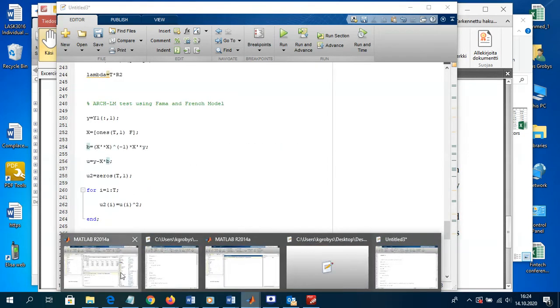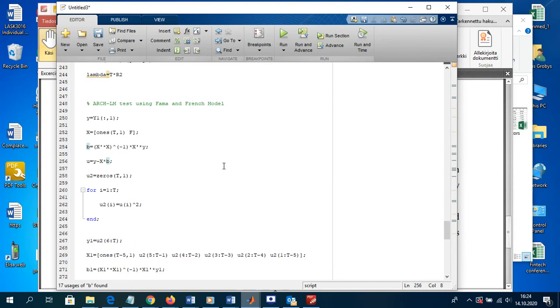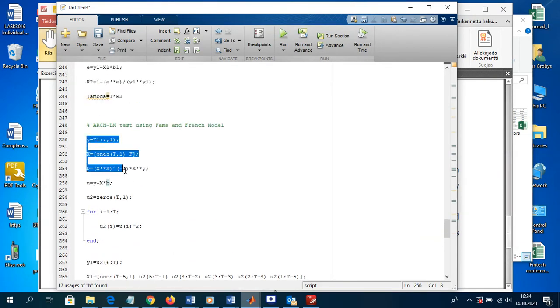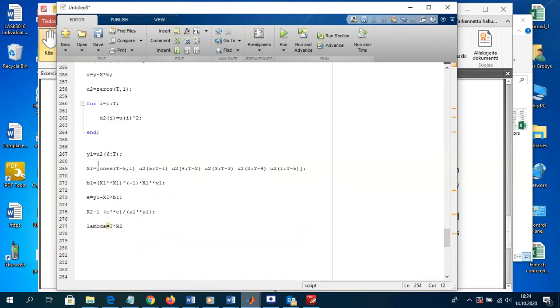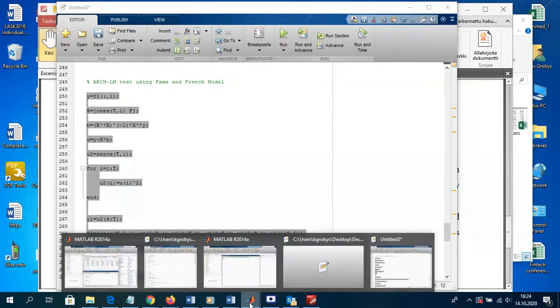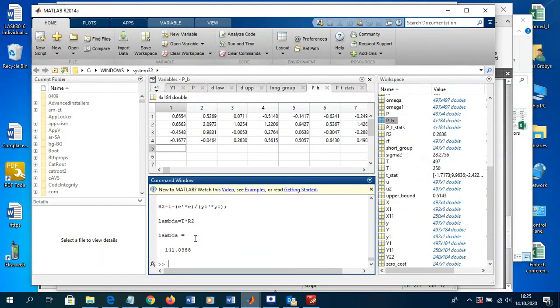Now let's remember, here the test statistic was 120. Let's see what comes out if we use the Fama-French three-factor model. Let's copy this part of the code again and paste it into the command window. What we see, the lambda is even higher now. It's 141.